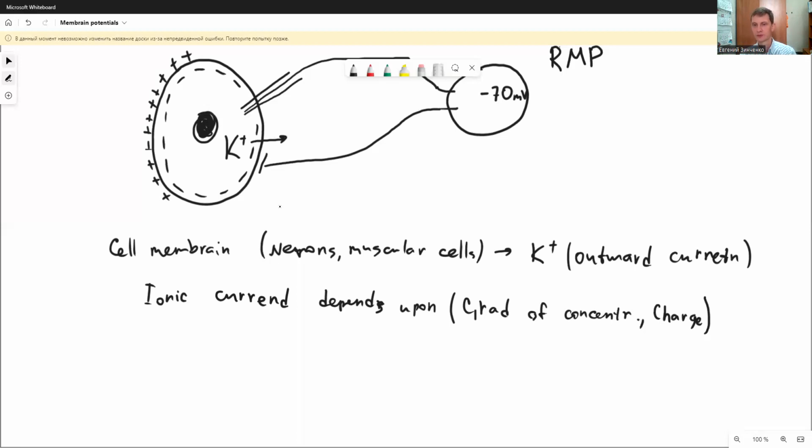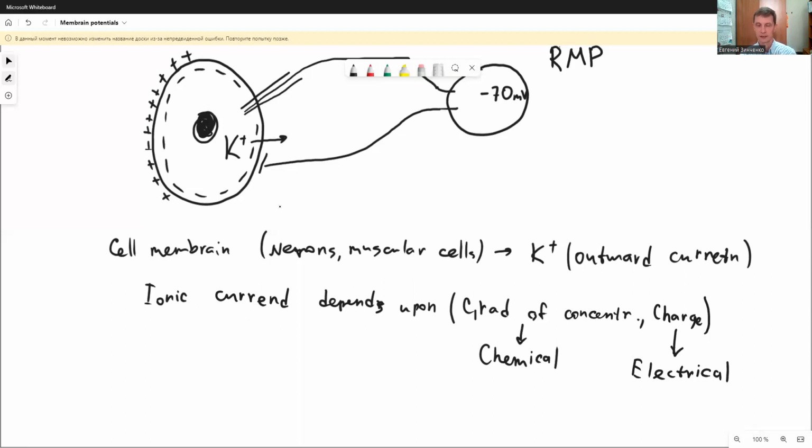These two forces, the gradient of concentration, which we can call the chemical force, and the charge, the electrical force, act on the ion simultaneously and influence each other.